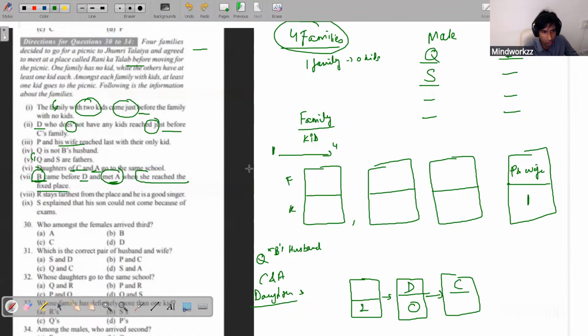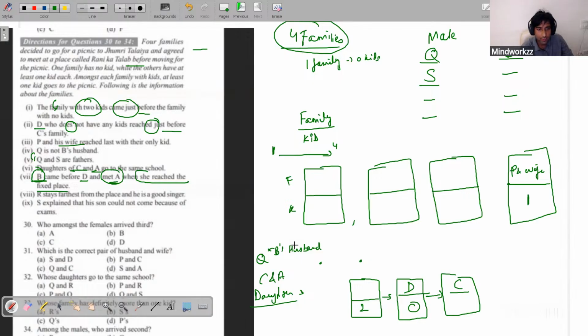ठीक है, तो B came before D, so D से पहले आना है तो या तो यहाँ पे आना है या यहाँ पे आना है. And B also met A when she reached the fixed place. So ये important है. This is an important clue, because it gives you a lot of information.